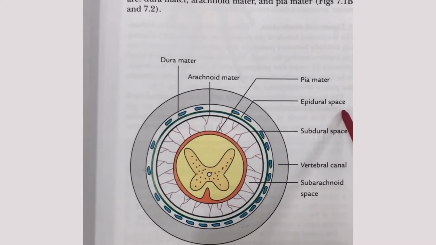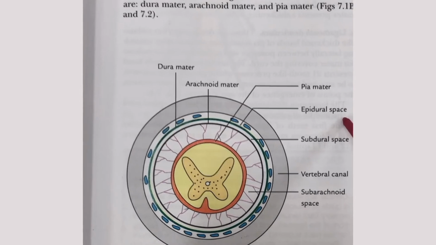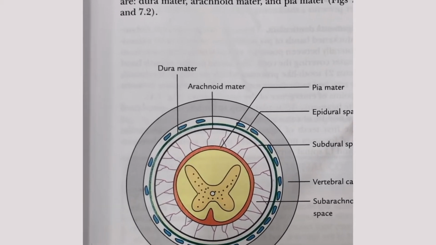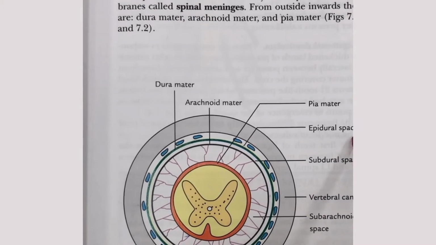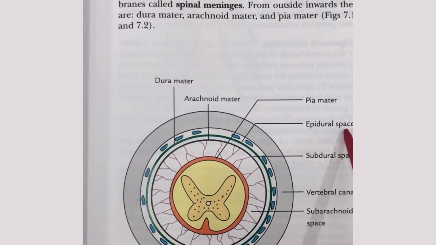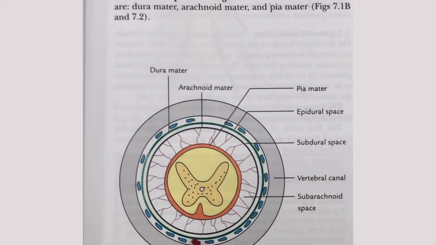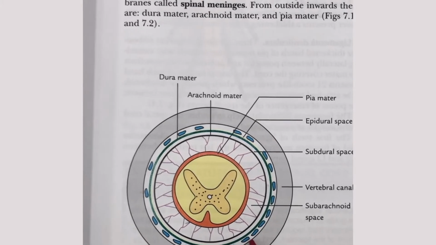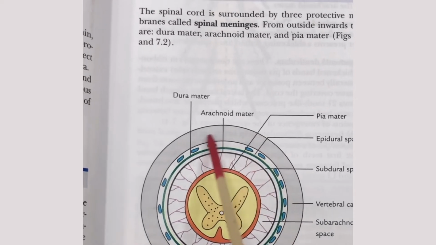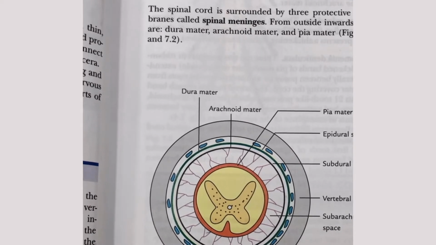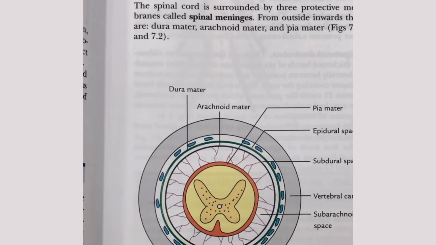Now, this epidural space is not present in case of the cranial cavity, that is brain. Epidural space is present in case of spinal meninges, and it contains loose areolar tissue, semi-liquid fat and internal vertebral venous plexus. Now, this is very important to know.